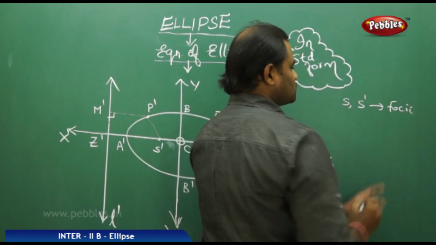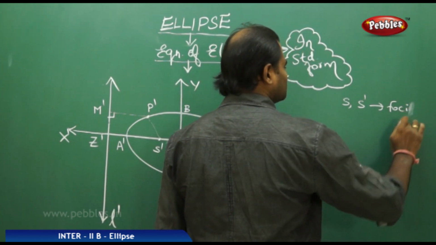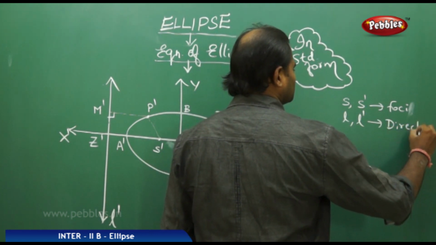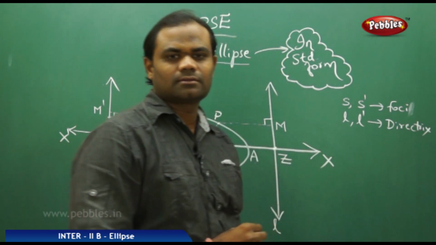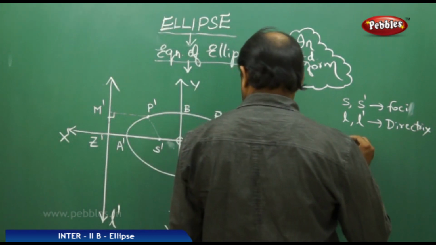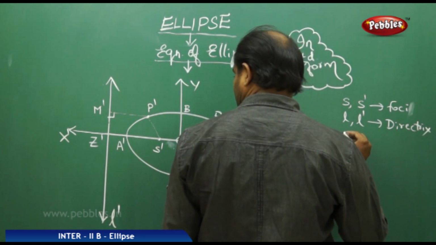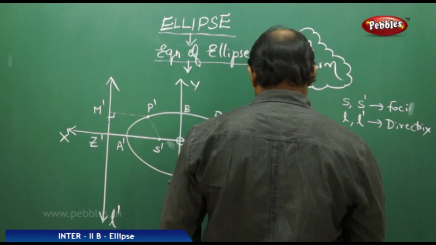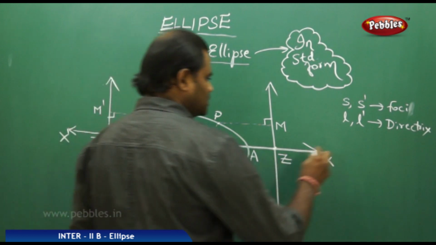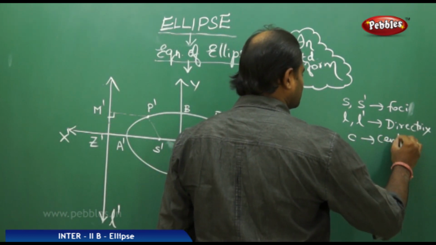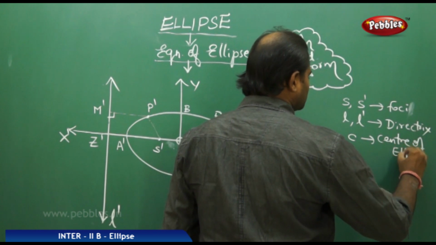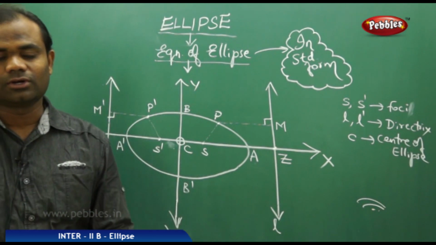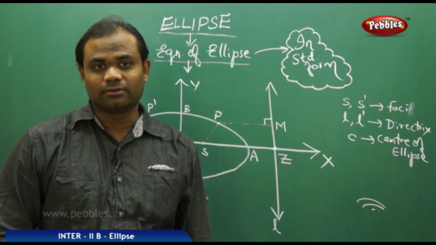The plural of focus is foci, and then these are called directrices, and then I have S dash and L dash and C, which is the center of the ellipse, is how I understand each of the structures or properties of the ellipse in standard form.